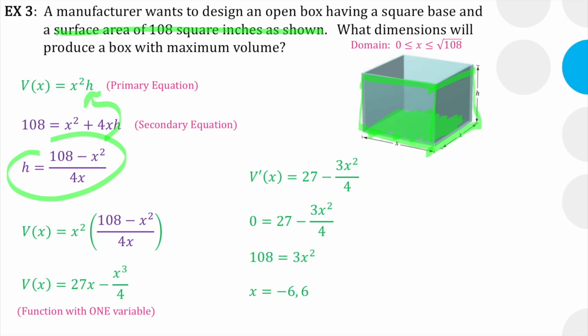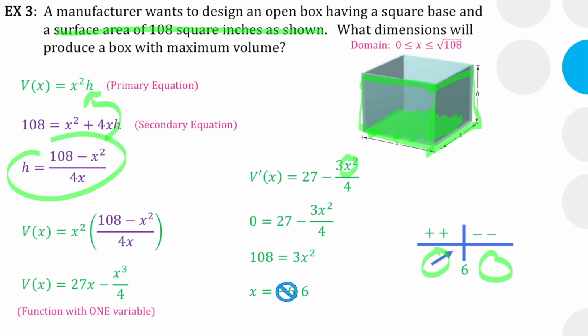So we get x equals plus or minus 6. We can't have a negative side length, so we're just going to use 6 as our critical value. Now let's see what 6 is. Plugging a 0 into the derivative gives a positive, and if I plug in something big like 10, I get a negative.